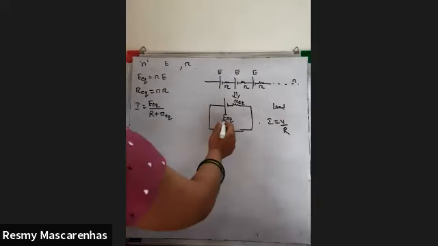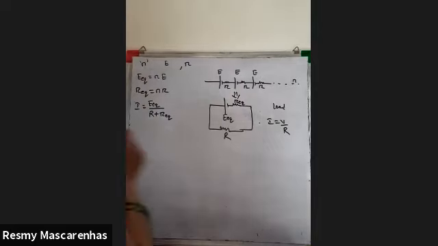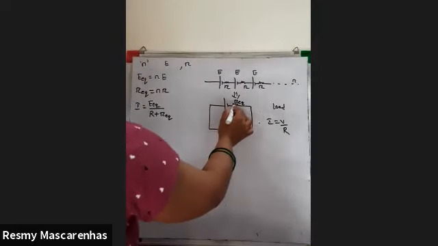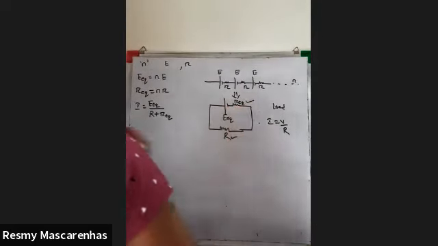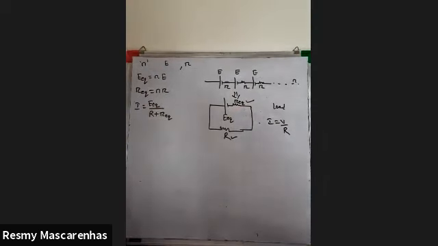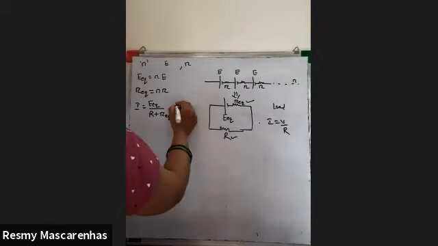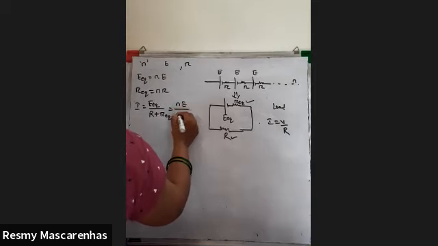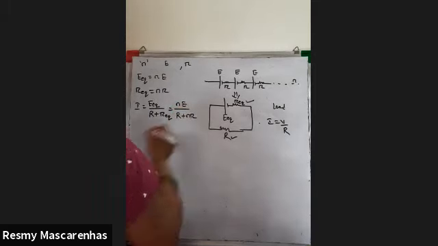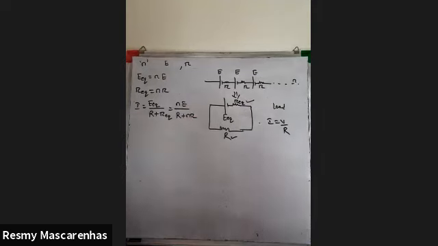We have two resistances, R and r equivalent. So I is equal to E equivalent upon R plus r equivalent. Now substitute. This will be nE upon R plus nr. So this much is the current. Note this down.